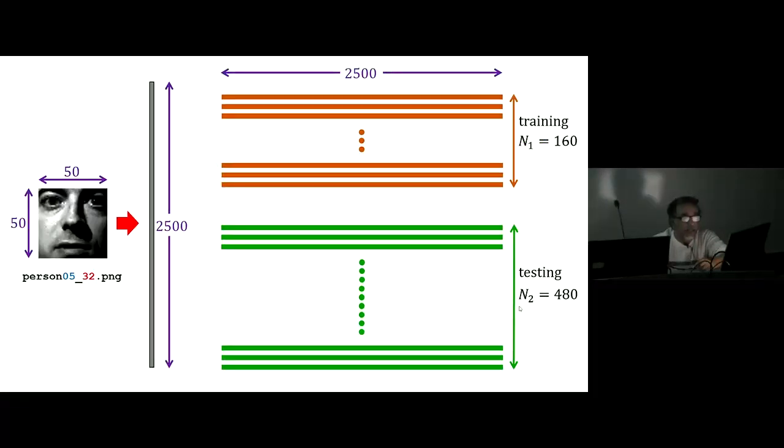And the testing samples are N2, 480 testing samples, 160 training samples. These are the training samples. And also, remember, there are class labels attached to each of these training samples. Okay, person 1, then person 2, then person 3, until person 10. For testing samples, it's unknown what the class labels are.